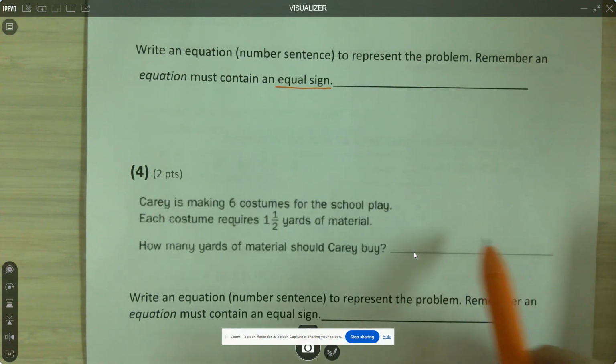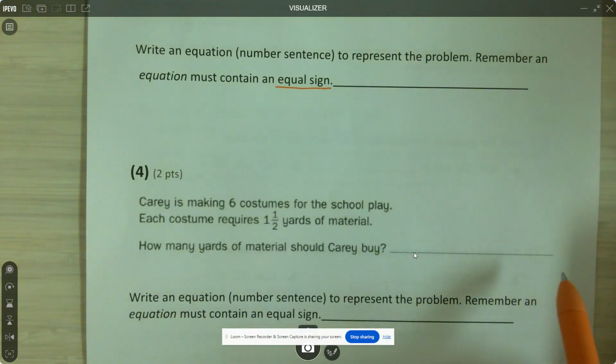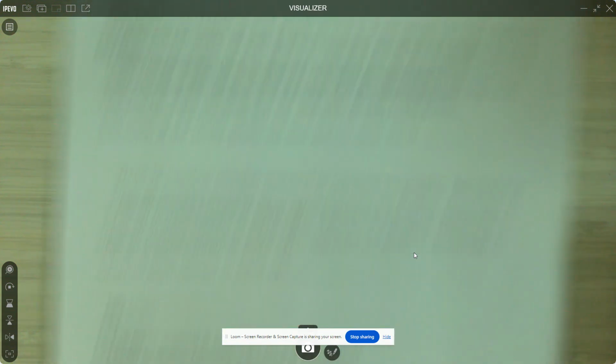Again, you are going to write your answer on the line right here, but it also wants you to write an equation, or that number sentence again, to represent the problem. And it says, remember, an equation must contain an equal sign. So you're going to write your equation right here on the line. So go ahead and pause your video so you can solve those problems.